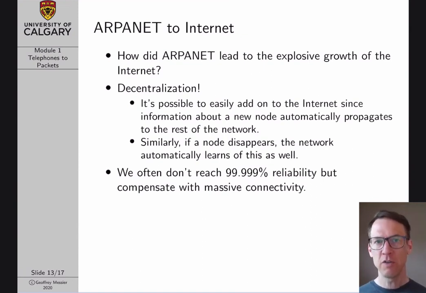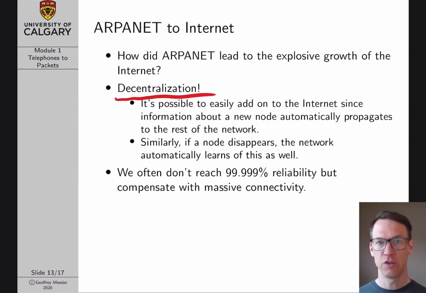Well, there were a bunch of steps certainly between ARPANET and the internet, but the fundamental technical reason, and this is a technical course, so this is what we're going to be focusing on, was the fact that ARPANET was a decentralized network. And so basically the success of the internet has been thanks to its ability to scale up massively. And that is a direct consequence of the fact that the internet and ARPANET originally was designed to be decentralized.